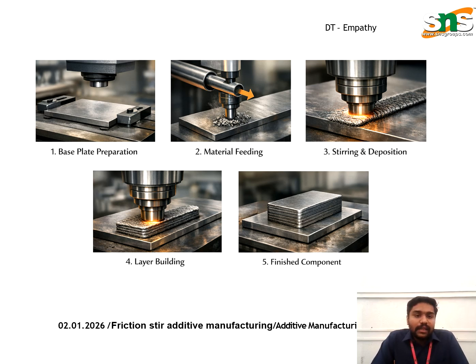The base plate will be a different metal, and the metal feeder will use different types of metals. If you are producing the friction by using a rotational mechanism, the metal will get melted and then deposited on the base plate.